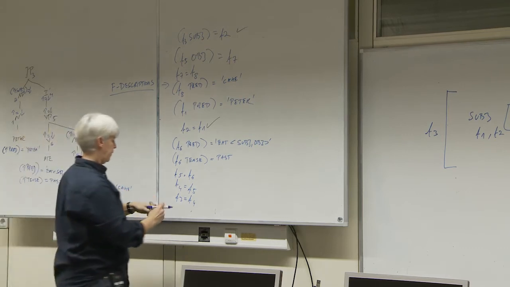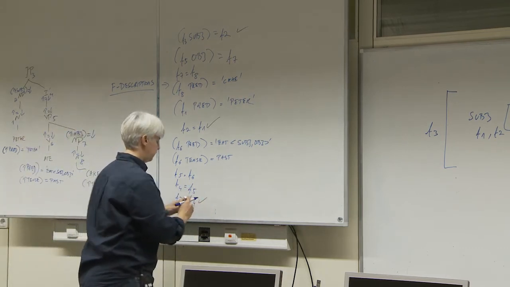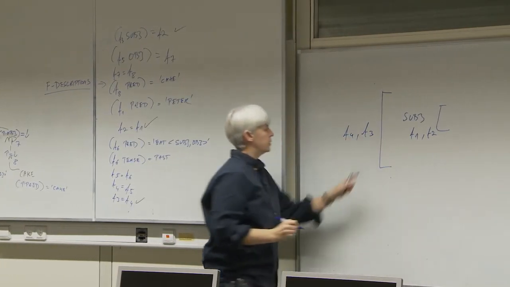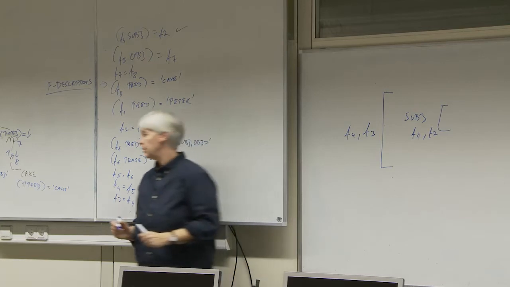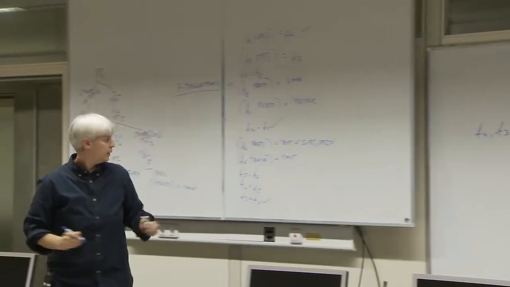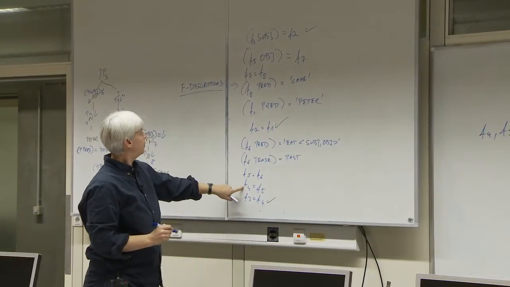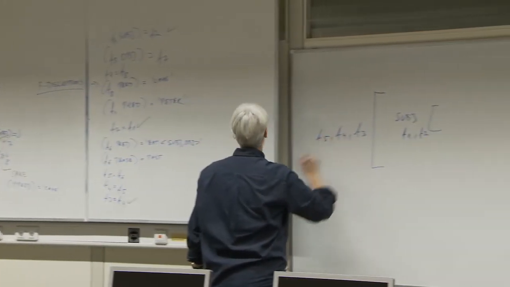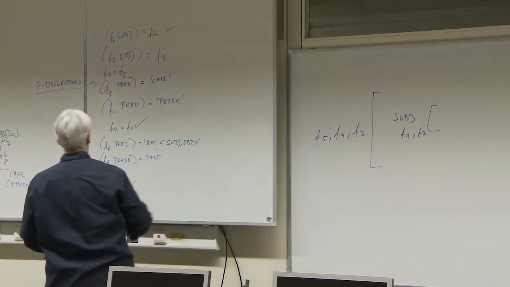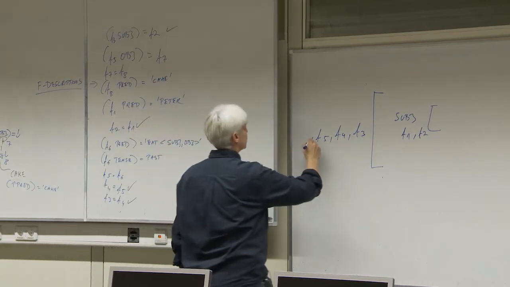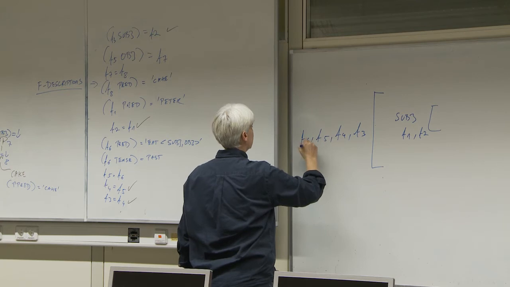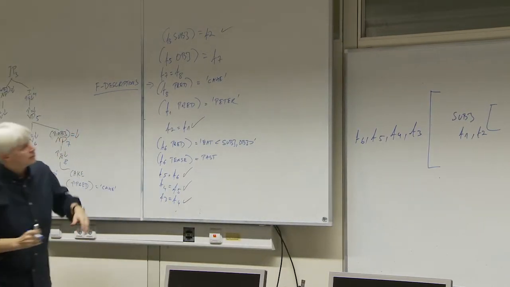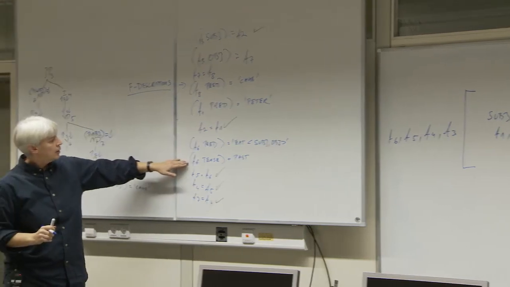Here's one. F3 is equal to F4. So this same F structure we've called F3 and F4. Now we've done that one. F4 in turn is equal to F5. F5 in turn is equal to F6. Now we can go back through and see if any of those others make sense to us.